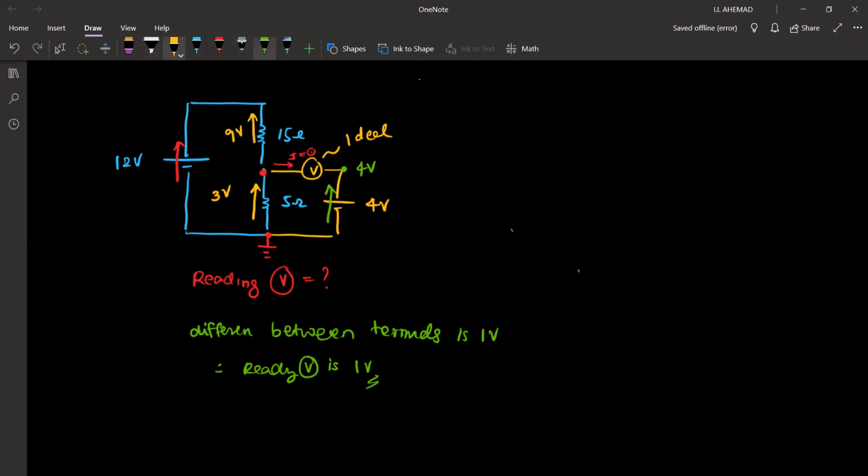When you check the current flow, it's like this, right? If you are moving in this direction, here you have a 12 volt increase. Here it drops by 9 volts, and across this resistor it drops by 3 volts. I hope that convention is clear using these arrows.